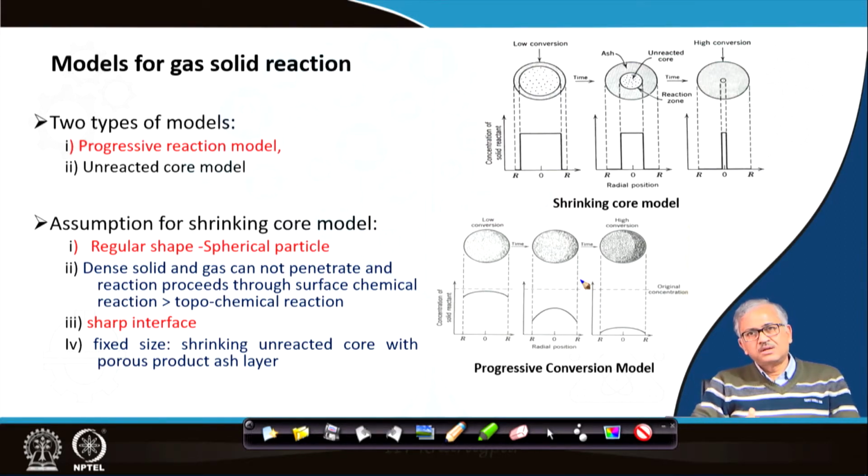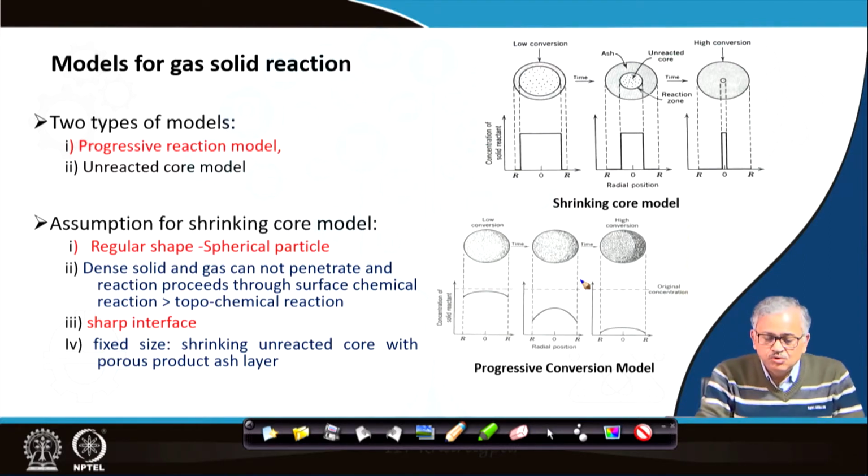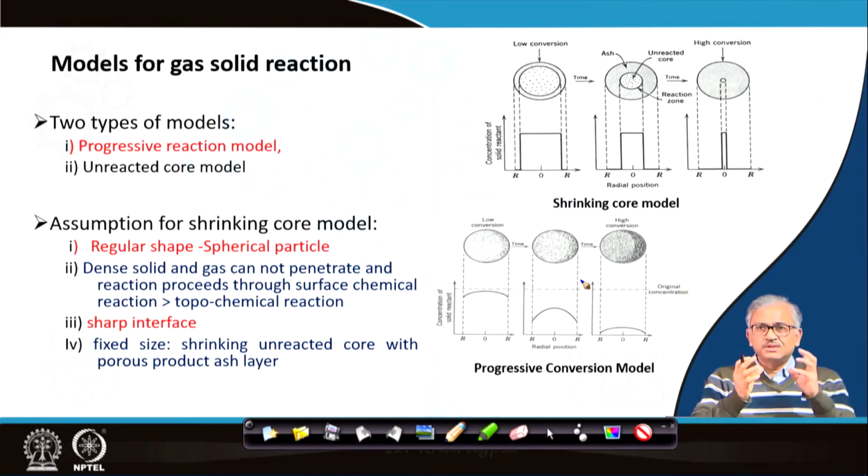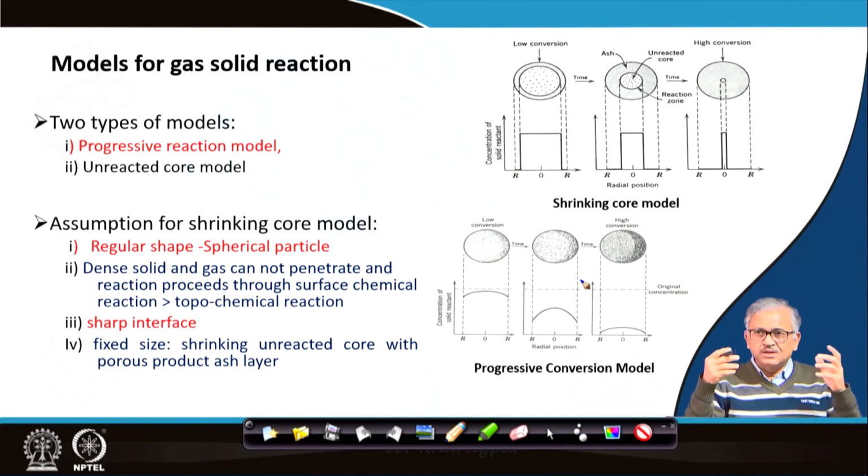So, it can penetrate anywhere into the body, and your reaction will start from the beginning throughout the body. Although truly speaking, the reaction may not be totally uniform throughout the body because the surface reaction will be more, because the reductant concentration is more at the surface, but eventually this gas will penetrate inside and the reaction will take place.